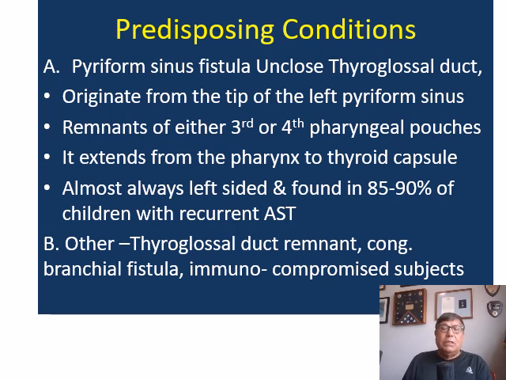If this is not taken care of, then recurrent acute thyroiditis is going to occur. But besides that, if the patient is immunocompromised and also receiving radiation in the thyroid gland area, they are more susceptible to developing bacterial infection.